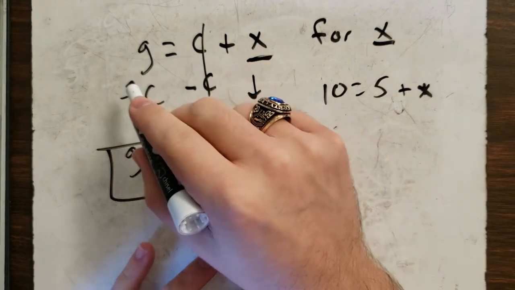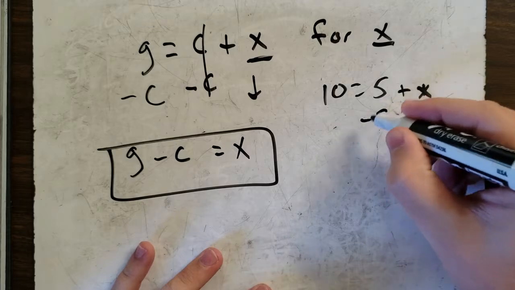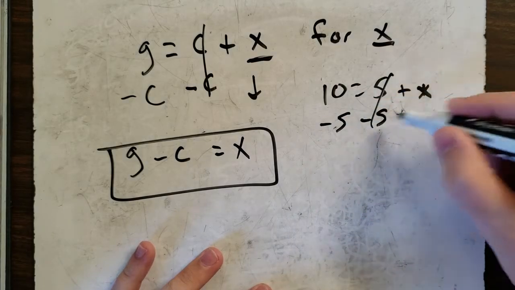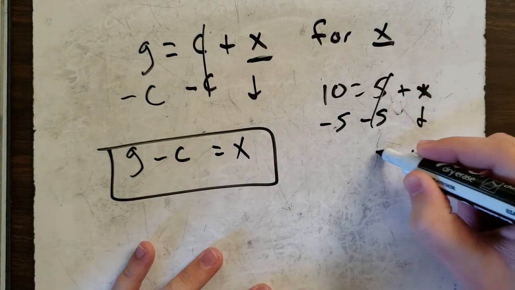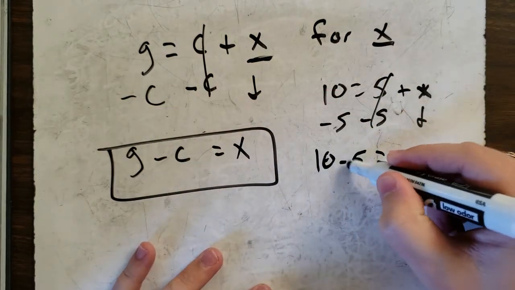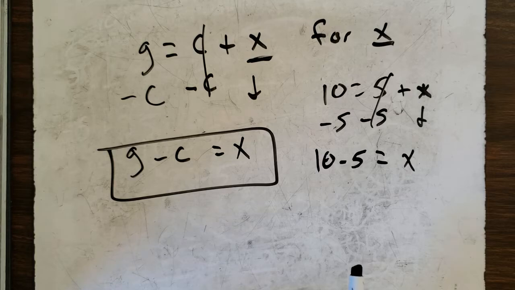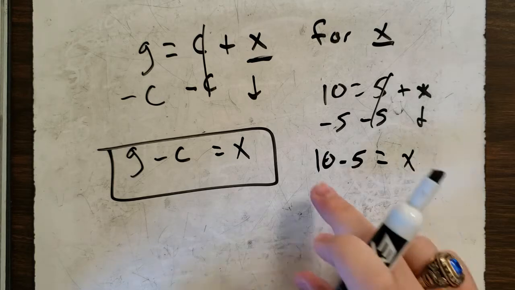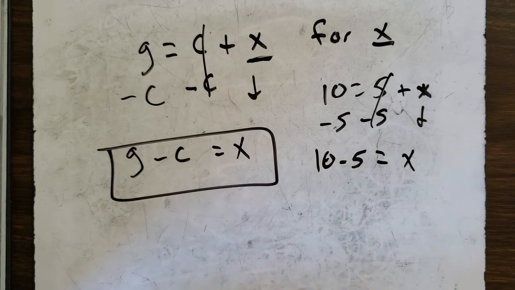We did minus C. You would do minus 5. Cancel that, bring down our X. Now, if we were to do it the same way here, we would just leave it as 10 minus 5, right? And that's kind of what we're doing here. It's the same concept.